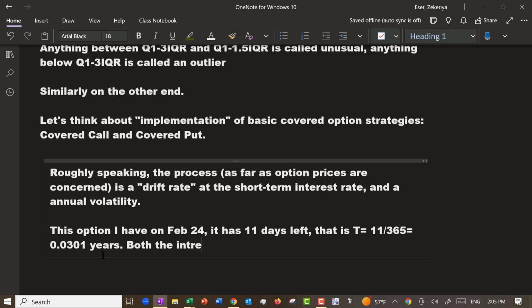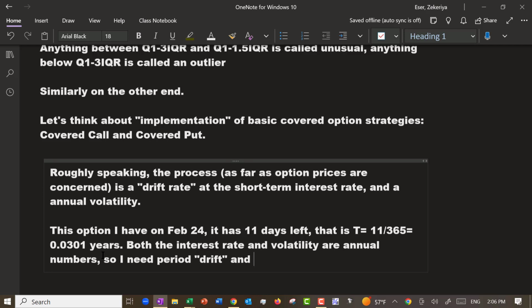Both the interest rates and volatility are annual numbers. So I need period drift and period volatility.